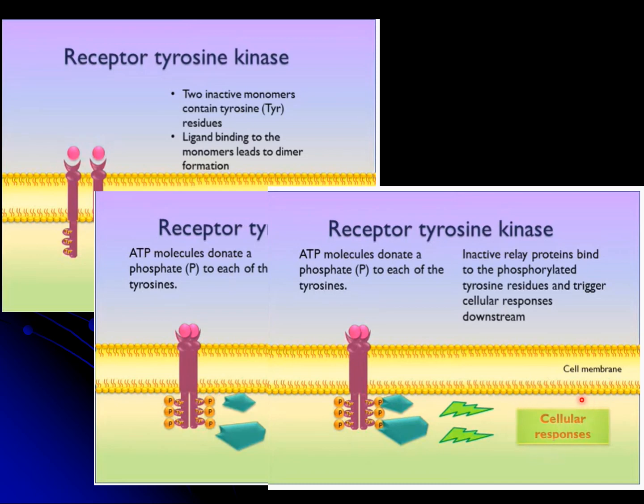So this is an example of enzyme-linked receptor. Number one, tyrosine kinase receptor. And one of the most important examples is that of insulin. Insulin, you all know, decreases the level of blood glucose and it is acting through its tyrosine kinase receptor.